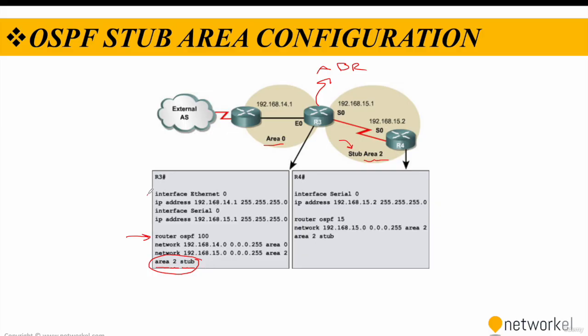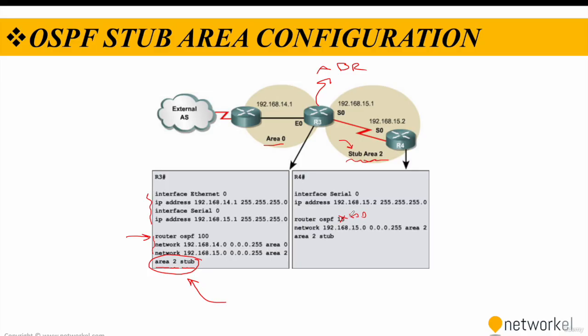The other configurations are pretty much basic configuration for the interface as well as for OSPF, but this is defining a stub area, which is area 2, for router 3. I just need to do another configuration for router 4 to define this stub area. For router 4, the configuration is, by the way, this will be OSPF 100.